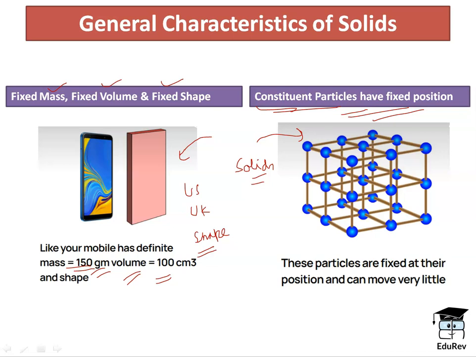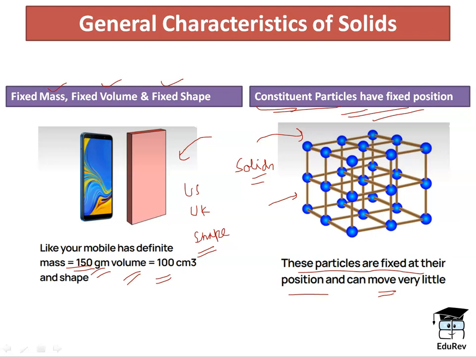The blue circles here are the particles, and the brown rods here are not rods or bonds, they are interparticle forces. We will discuss them afterwards. So, the particles of solids are fixed at their position, but they can move very little, but not very large. The movement is very small.